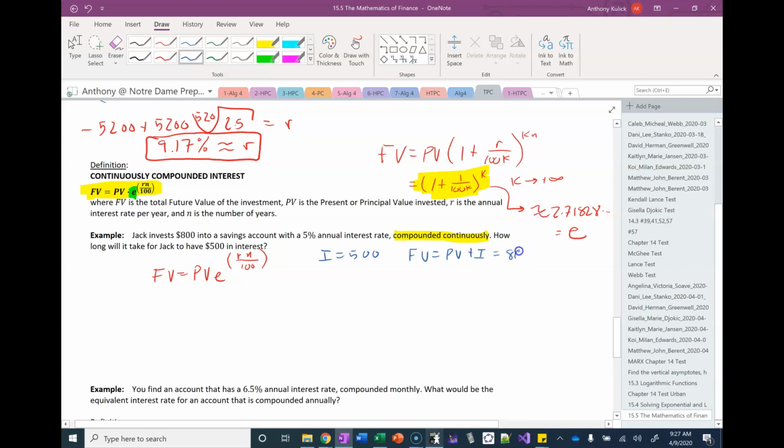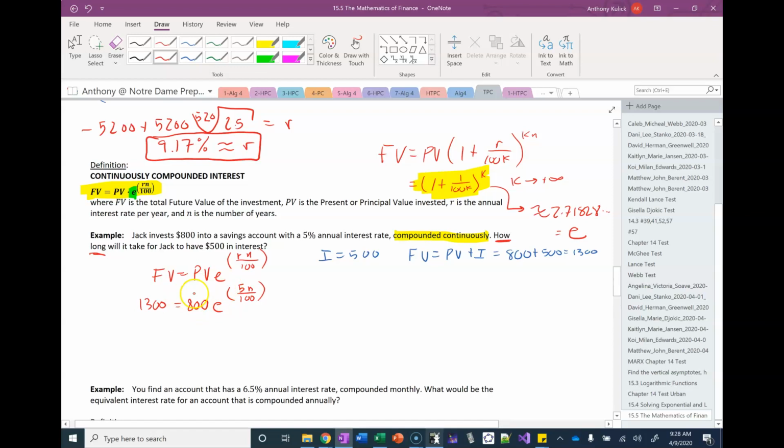So that's going to be 800, the present value, plus 500, equals 1300. So that's my future value. And again, we're looking for how long, so we're solving for n.